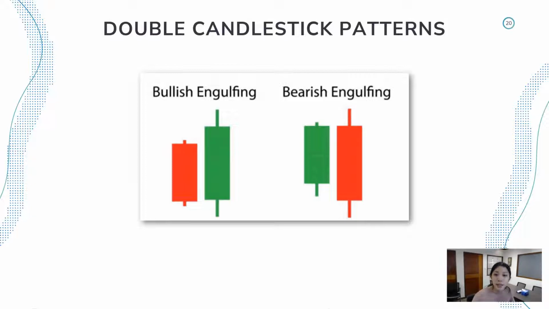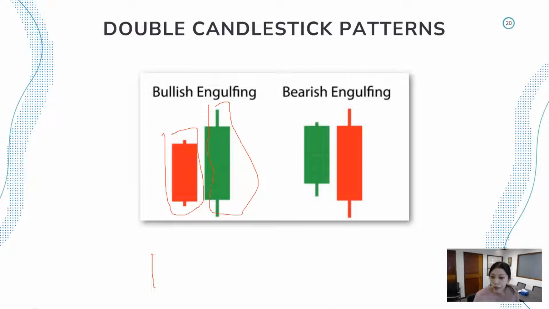A bullish one suggests that prices will rise after it. How can you identify it? When you see a small red candle here and a bigger green one here, it shows bullish momentum, which means the price is going to be bullish and you can go for a long trade.